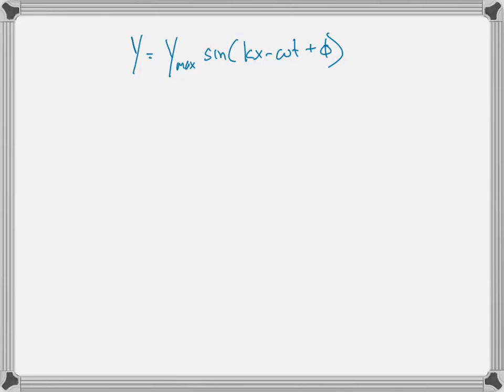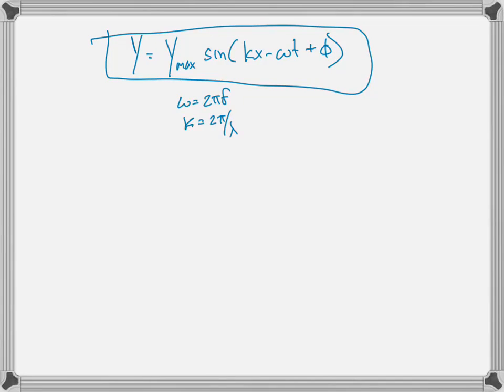This is the general equation, or simplified equation, because we're assuming simple harmonic motion of a single frequency wave, where omega equals 2 pi f and k equals 2 pi over lambda. This is the equation that we were graphing on that wave simulator that I showed you on the computer.